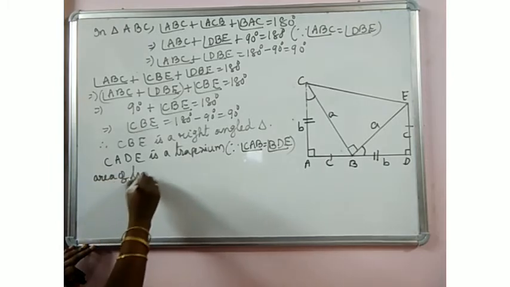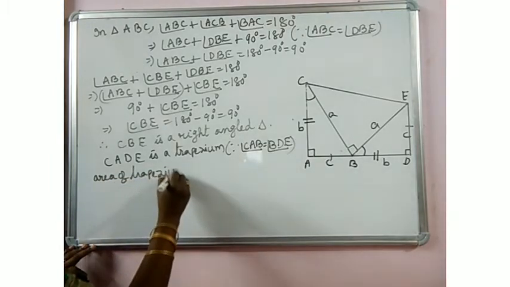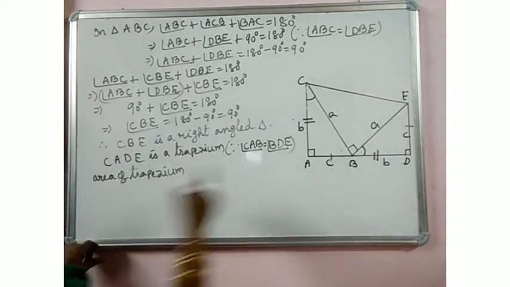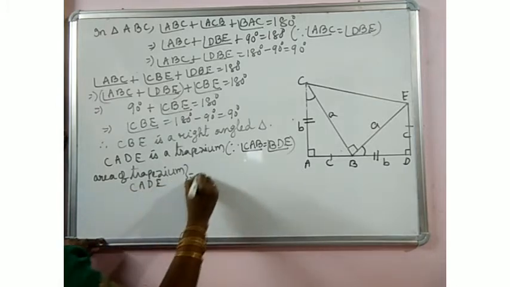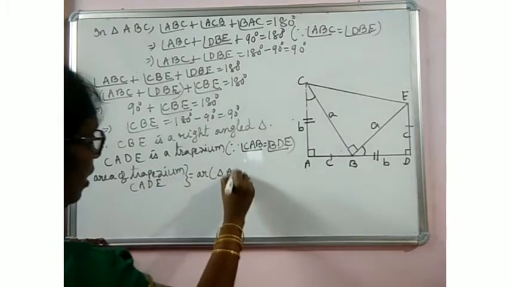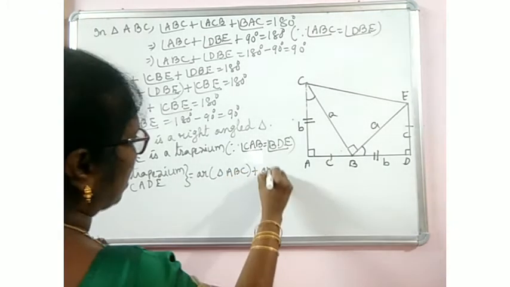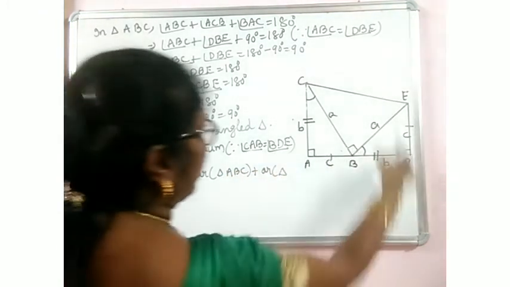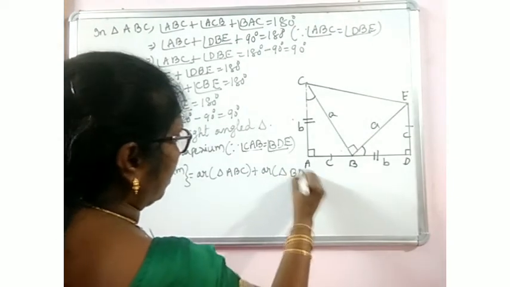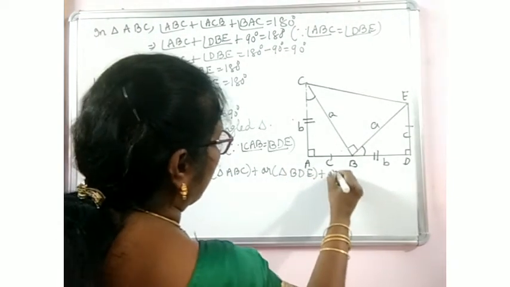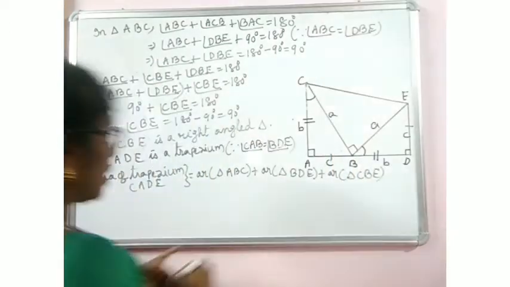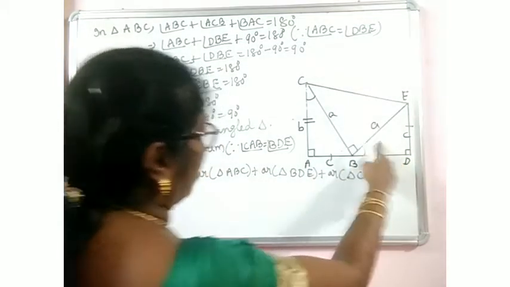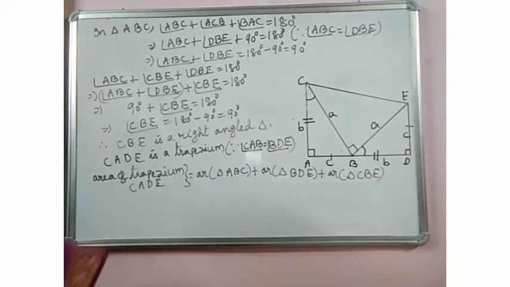Area of trapezium CAD, let me write here, CAD is equal to area of triangle ABC plus area of triangle BDE plus area of triangle CBE. Sum of the areas of these three triangles is equal to area of a trapezium.